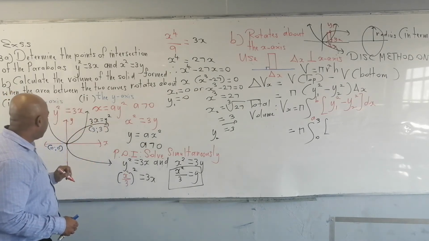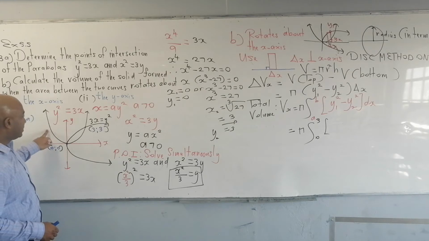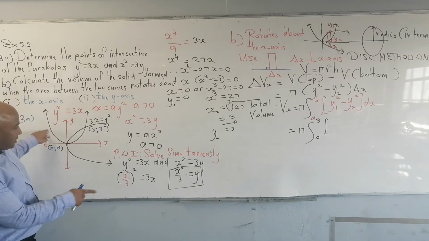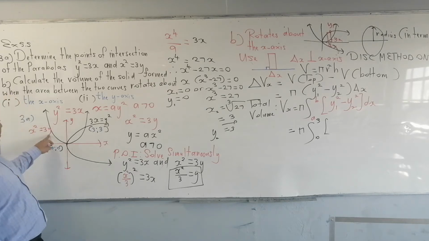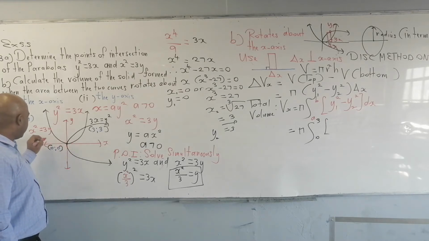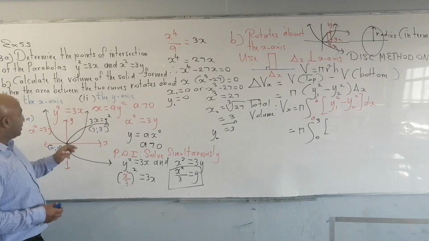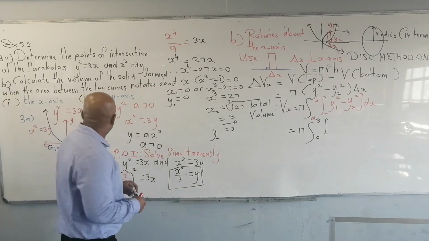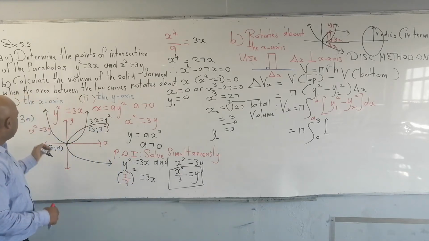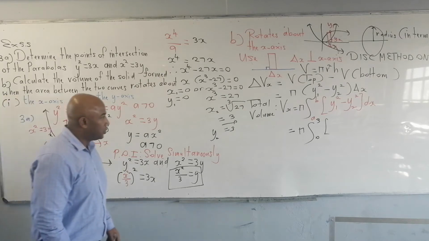Let's call that y1. And this one is x squared is equal to 3y. This is the bottom graph. So that is the bottom and this is the top. This is y1 and this is y2.